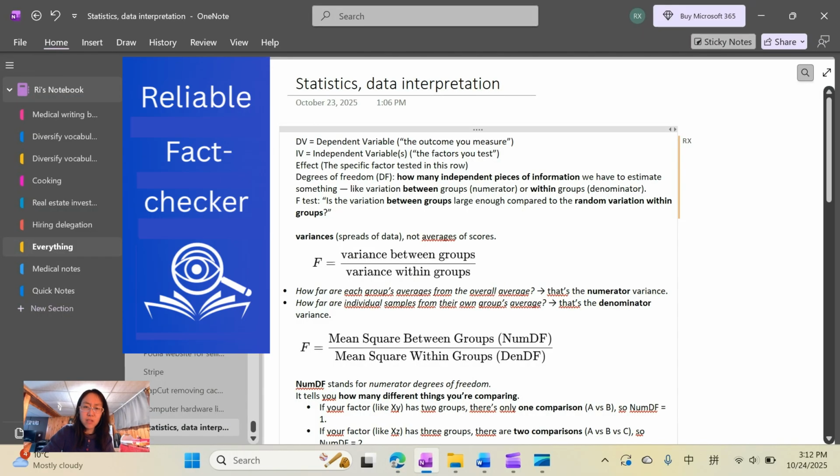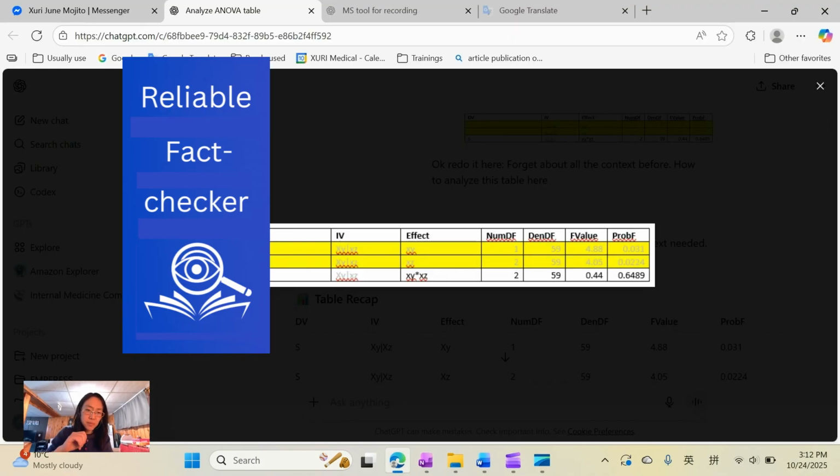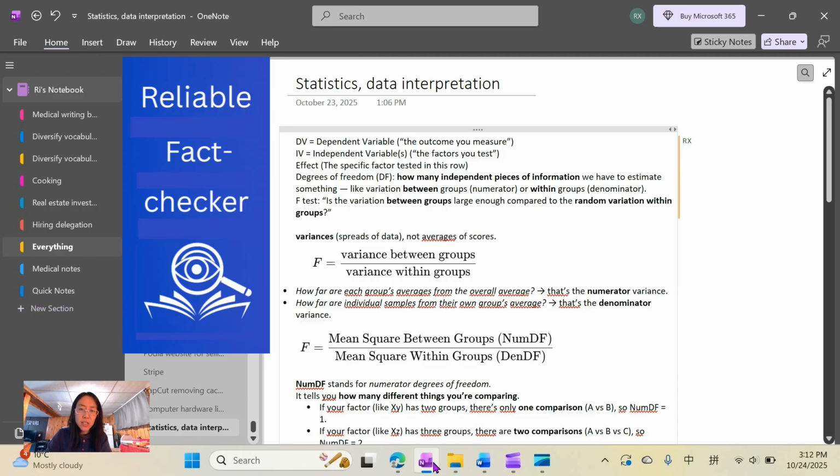Yes, dependent variable, which I put as S, and IV is, for example, the independent variable, the factors you test. So the DV is the outcome you measure. The IV is the factors you test.